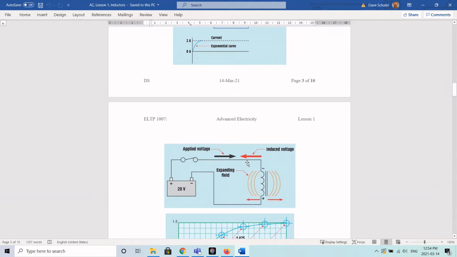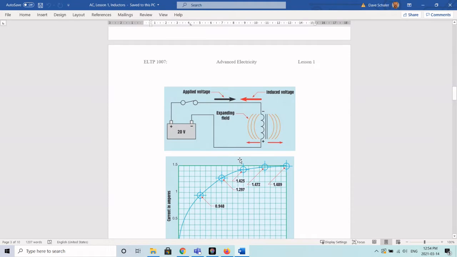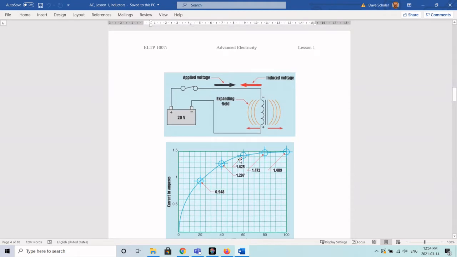and we get an increase in the effective voltage. Here's the current in our circuit, and in terms of rate of change, you can see that there's a great rate of change initially, which is why we have a fairly low current, because we have a great deal of induced voltage. Means we have fairly little effective voltage, the difference between these 2 arrows.